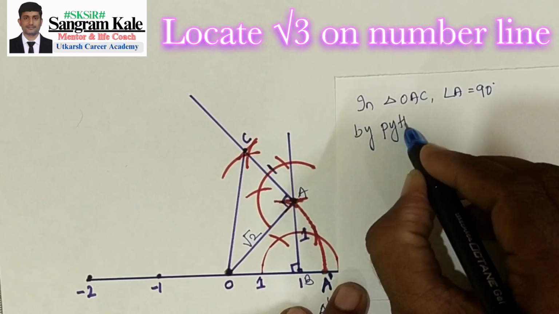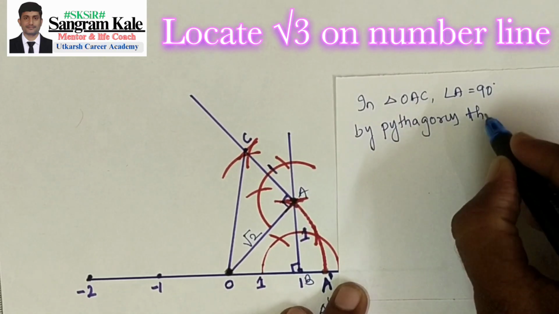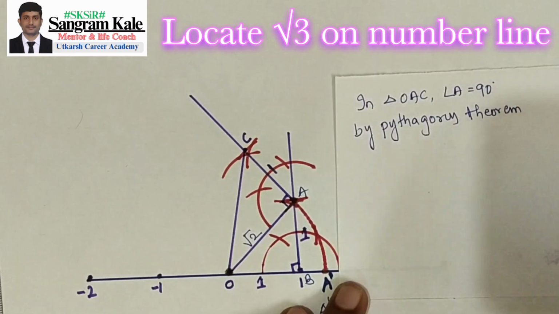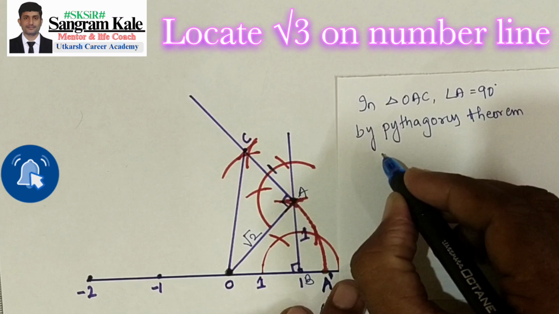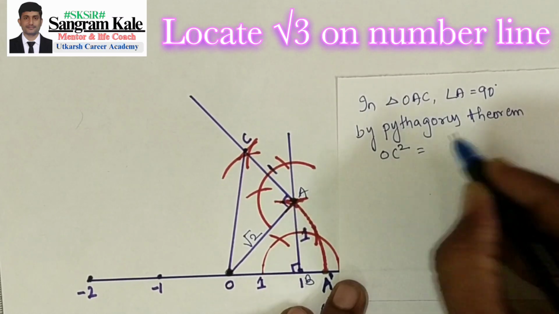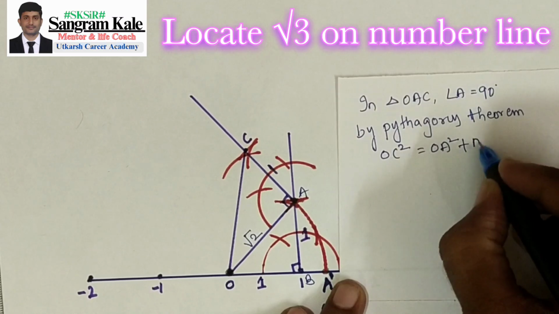So therefore by Pythagoras theorem, what does Pythagoras theorem say? Hypotenuse square is equal to base square plus height square. So OC square is equal to OA square plus AC square.